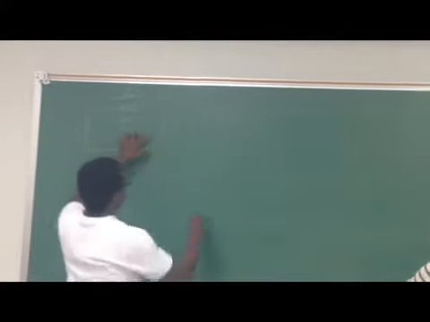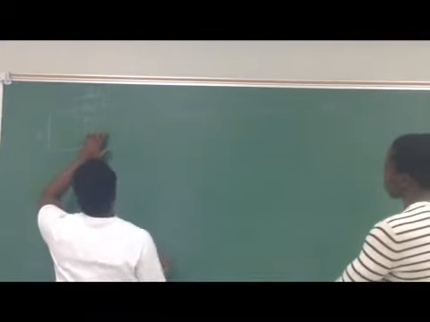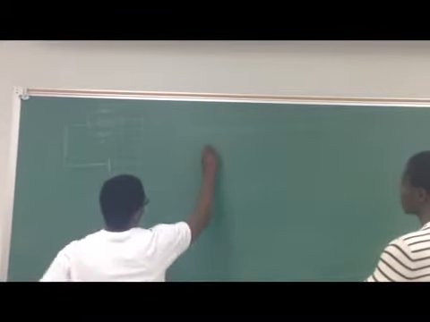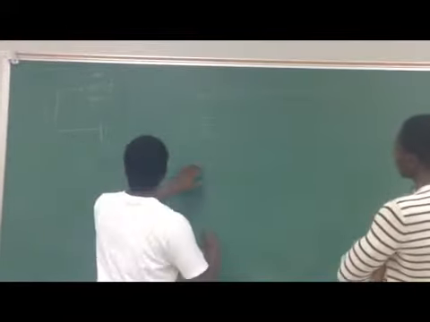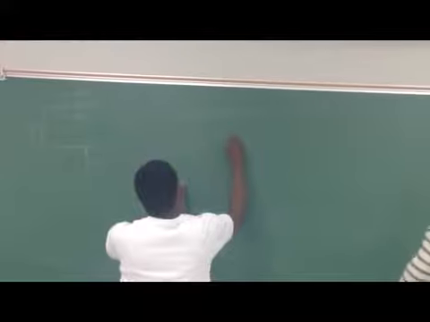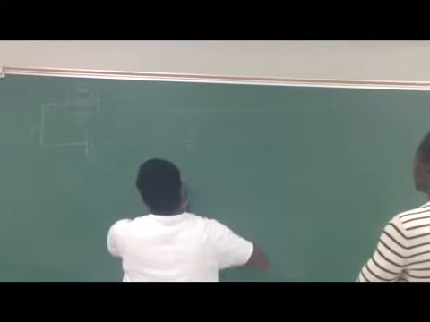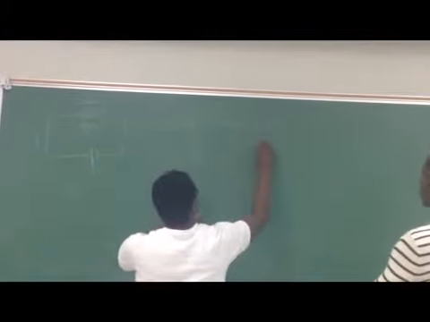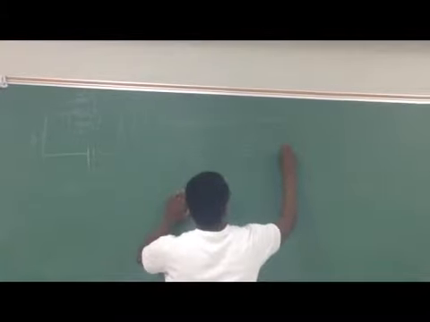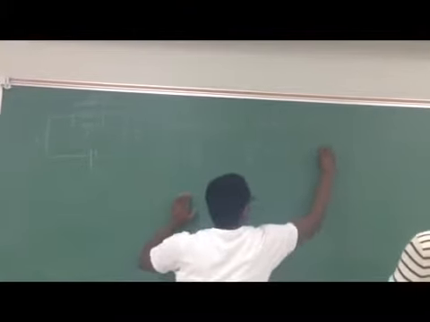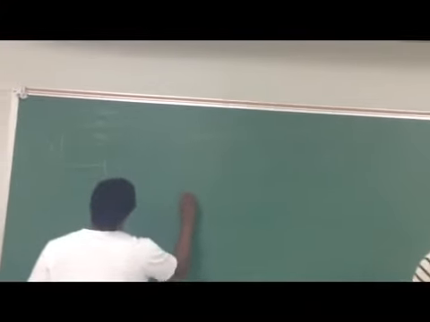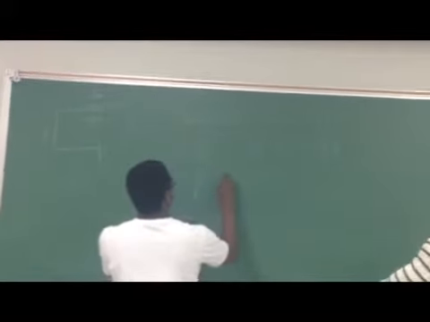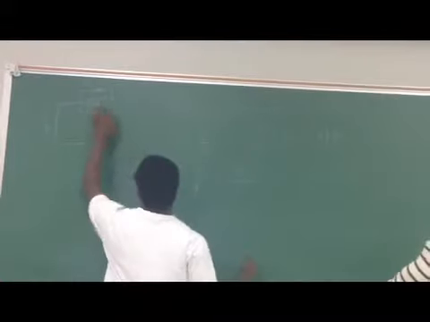So for I1, that's just going to be equal to V over R. R is 3 and V is 12. And then for I2, once again, V over R, and V is 12, R is 2.